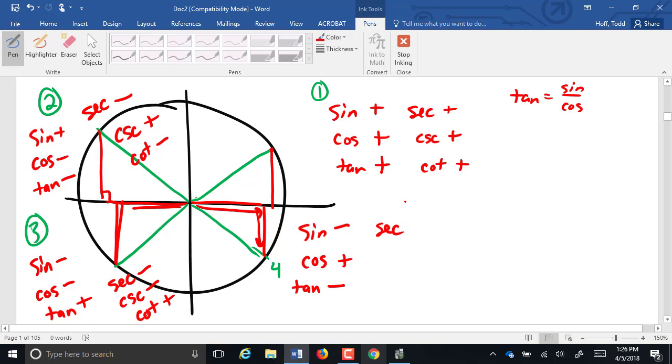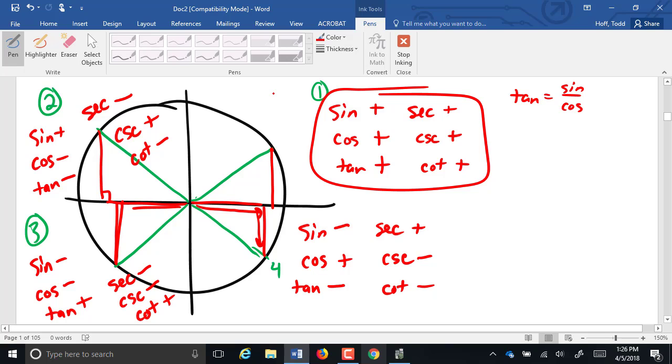Secant, remember secant goes off of cosine, right? So it's positive. Cosecant, negative. And cotangent, negative. Goes off of whatever the tangent is. So you can see here, all of them are positive.